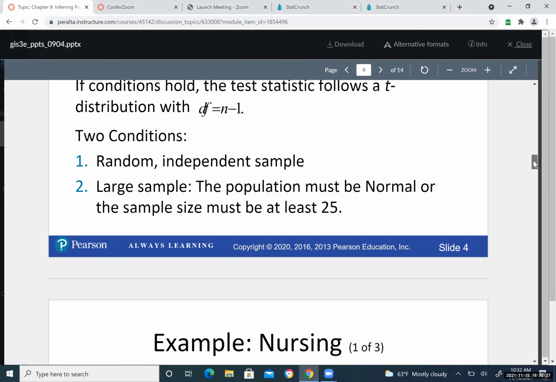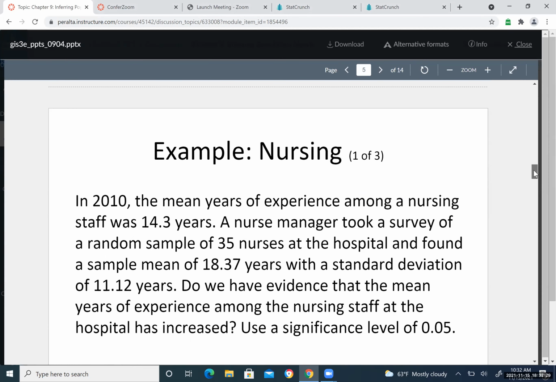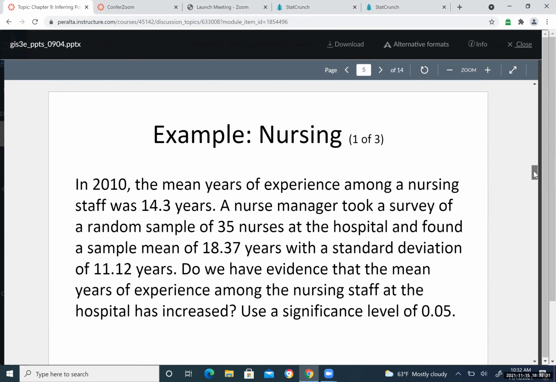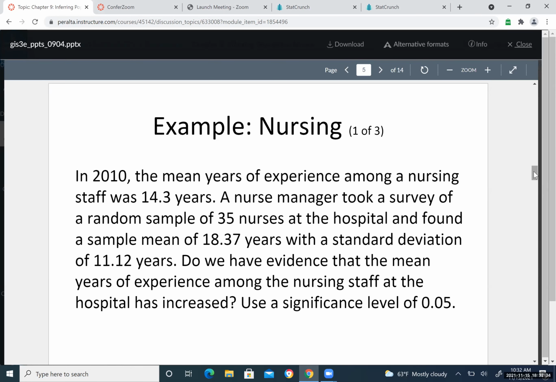Okay, so the actual example is right here, which you need to understand. When we read this, you take notes along the way, pointing out what is S, what is mu, what is X bar, what is N, and so on.